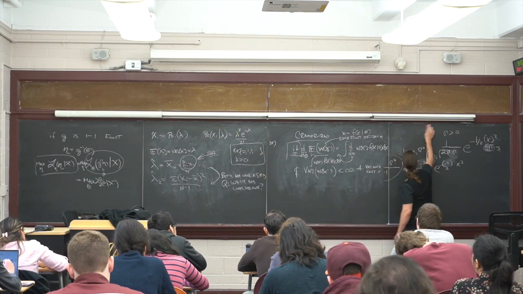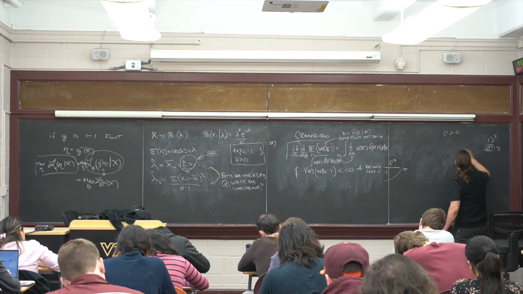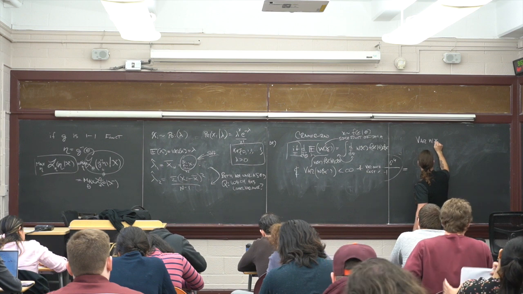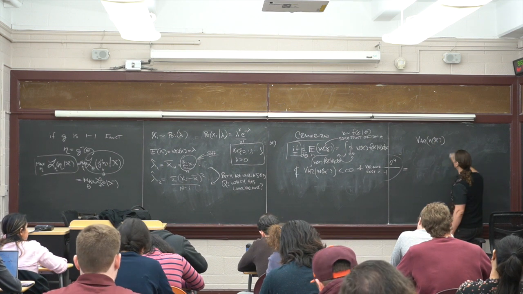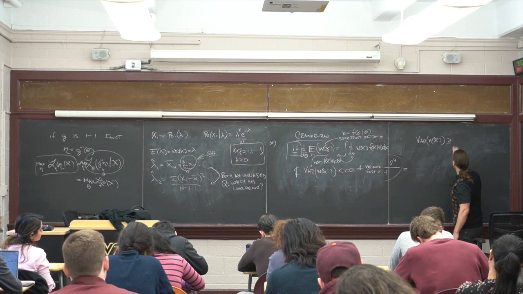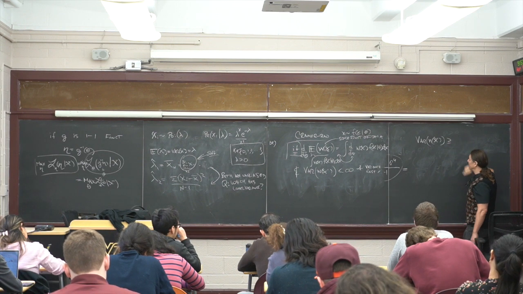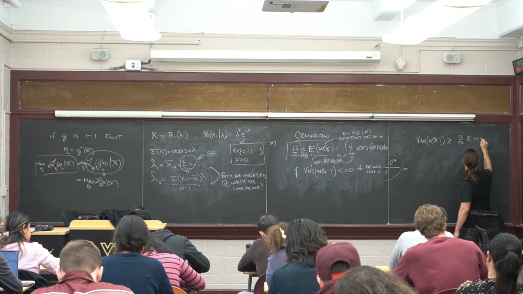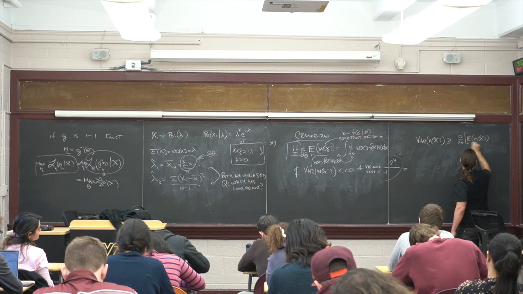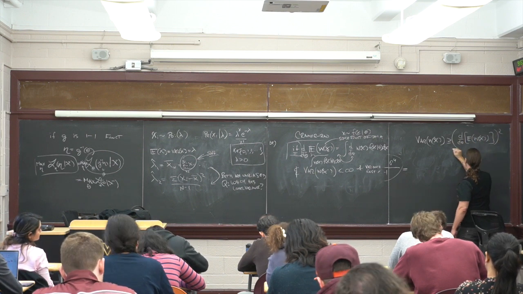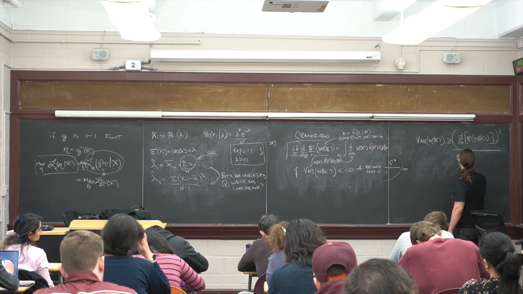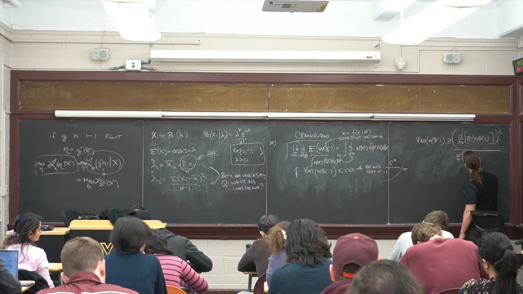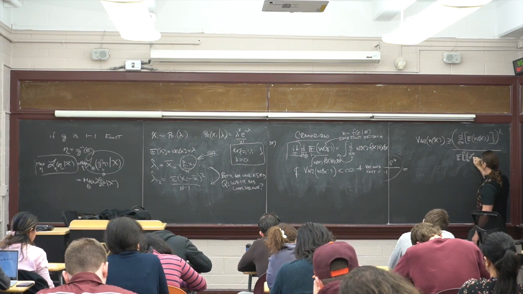Then, Cramer-Rao says this. The variance of Wx, where x is all of my data, is going to be bounded by this thing. The variance is going to be greater than or equal to the derivative with respect to theta of the expectation of Wx, squared, divided by the expectation of, this is the way I want to write it, the log likelihood.